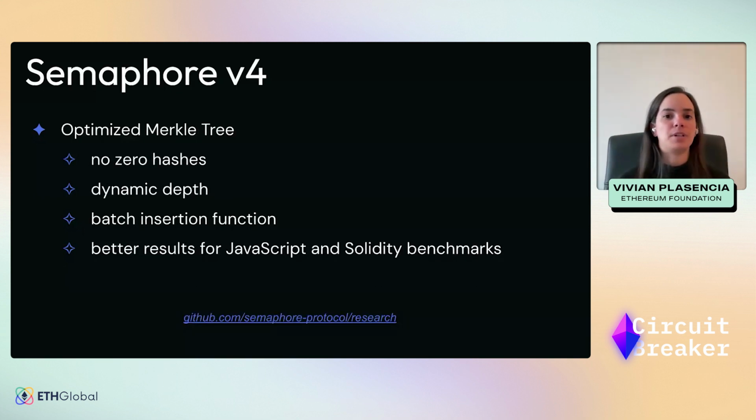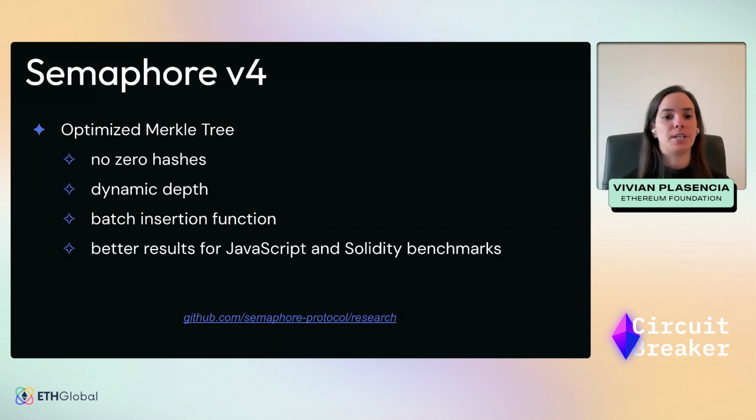We have an optimized Merkle tree. The one that we are using right now is an incremental Merkle tree, but we will have an optimized version of this incremental Merkle tree, which is called the lean incremental Merkle tree. This Merkle tree doesn't have zero hashes.